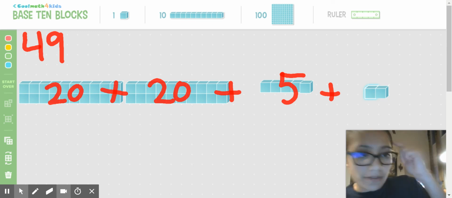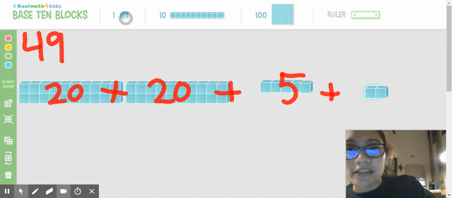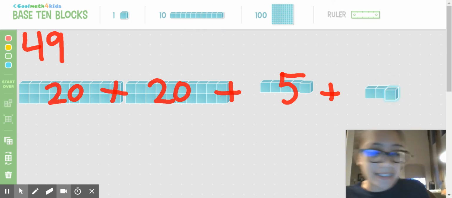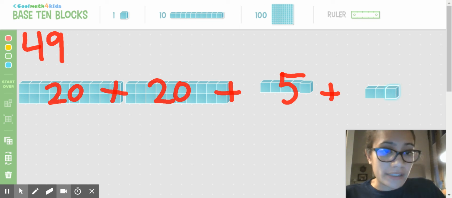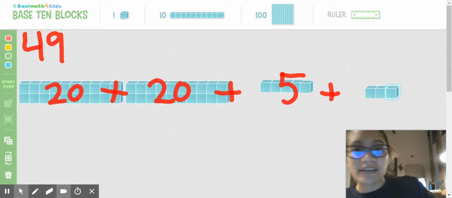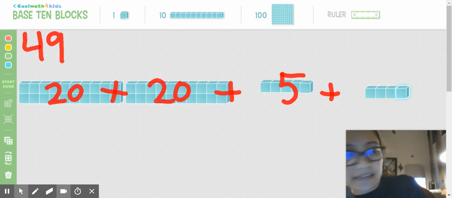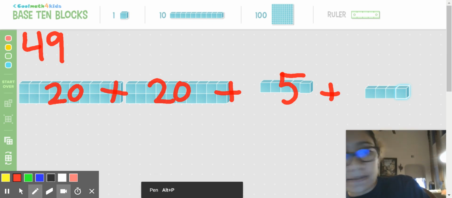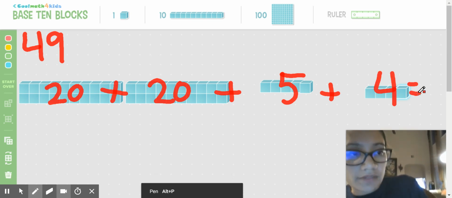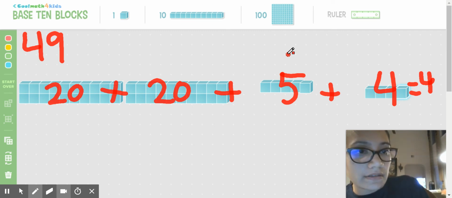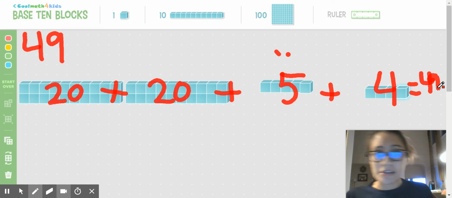Because if you use your mental math, you use your brain, if you count 20 plus 20 equals 40. 40 plus 5 equals 45. 46, 47, 48, 49. And that gives us plus 4, which equals 49. Okay, that's one way you can do it.